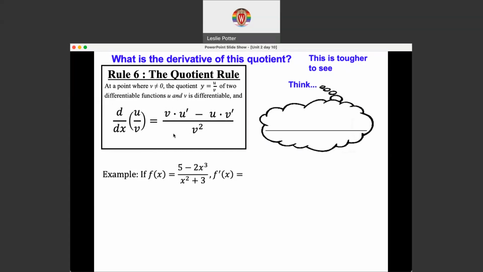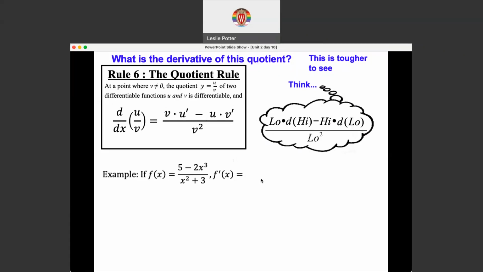I think about a little saying to remember the top: low d high minus high d low. That's why I reversed these two in the beginning of the quotient rule. So low d high minus high d low is one way of remembering it. The other way of remembering it is it's just the product rule with a minus sign.